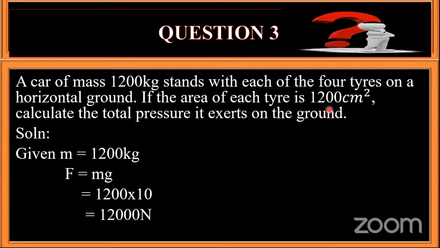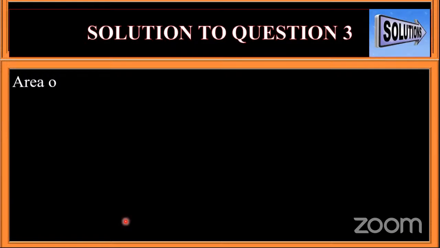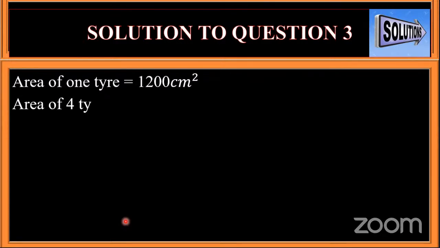So it will be 4 times 1,200. But don't forget, it will be in what? Centimeters squared. So you have to convert to meters squared. They say that area of one tire is 1,200 centimeters squared. The area of 4 tires now will be 4 times the area of one tire, which gives us 4,800 centimeters squared.